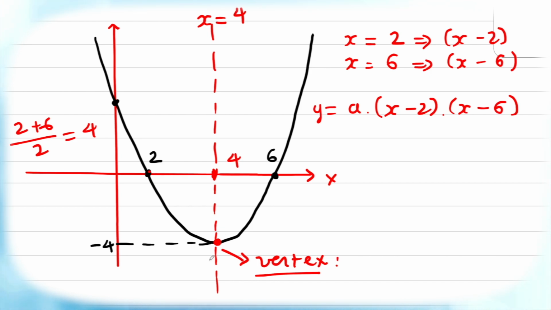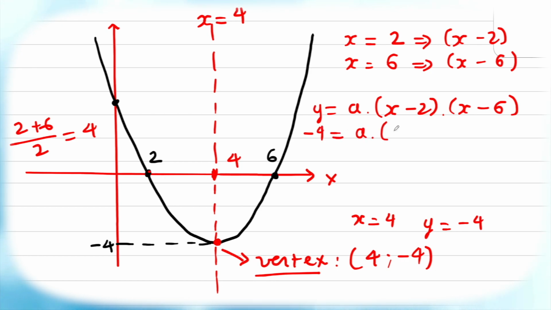So about the vertex here, the x coordinate will be 4 and the y coordinate will be minus 4. The point here is x equal to 4 and y equal to minus 4. And then we can use this information to figure out the number A here. Y equal to minus 4 will be this one.